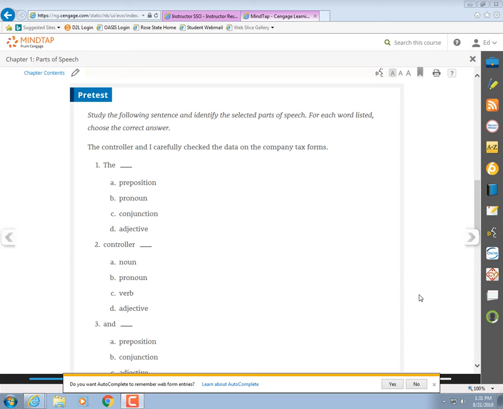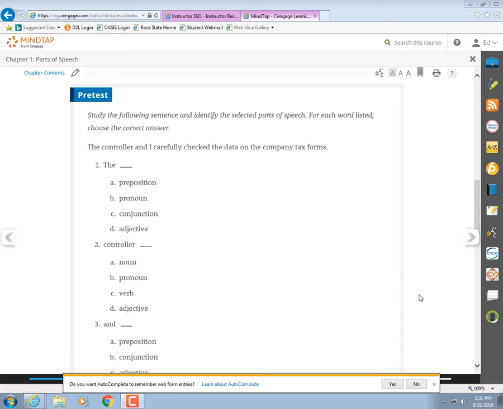Okay, the word the again, adjective, article, and then company. What kind of forms or which forms? The company forms. So company modifies the noun forms. Tax, which form? Tax modifies the noun form, so both of those are adjectives modifying the noun forms. So there we filled in the blanks for each one of these.